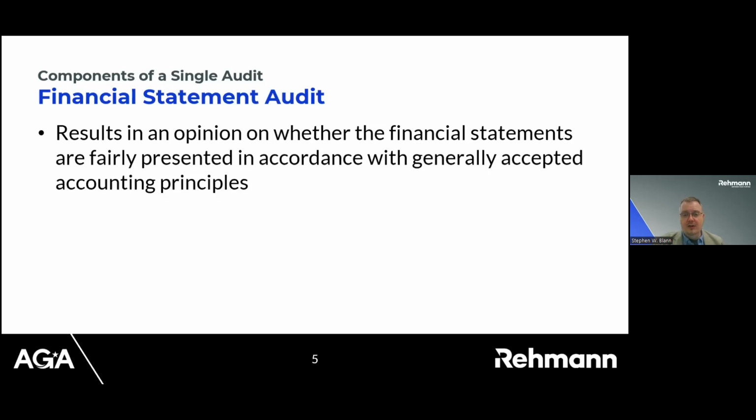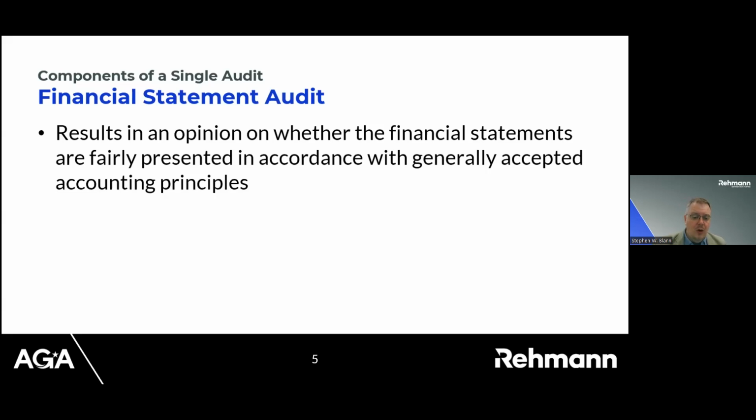And of course, auditors are never going to get to the point where they're going to say with 100% certainty the numbers are 100% accurate, but they'll say they are accurate enough to use for good decisions, meaning they are fairly presented in all material respects. Any errors that might exist, we would expect to be immaterial, meaning too small to impact people's financial decisions. So the financial statement audit is all about that one opinion. Are the financial statements fairly presented?